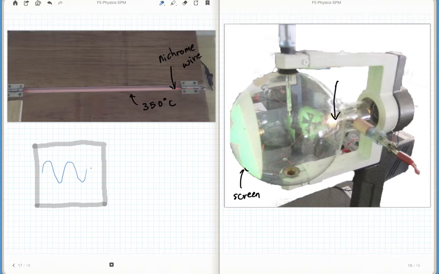Say this is one of the examples, and then they will give you a turn knob. They give you a scale, volt per centimeter.